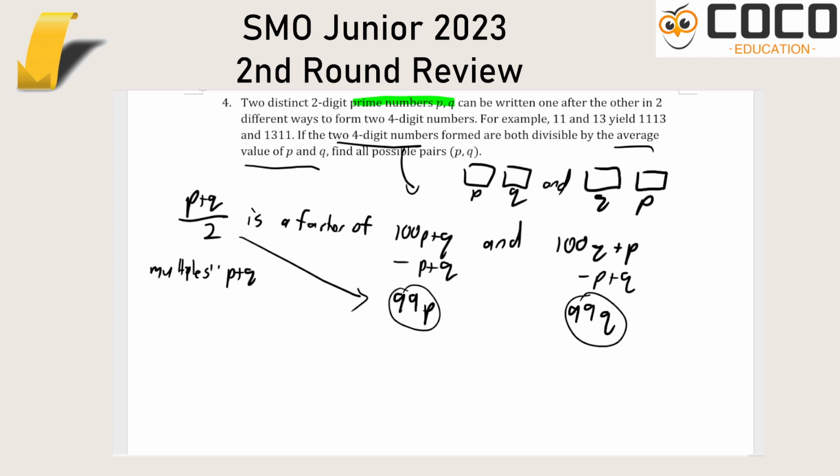Therefore, for convenience, without loss of generality, P is less than Q. Then Q is more than the average, and Q is prime. So (P+Q)/2 and Q must be relatively prime, because Q has no factors other than 1 and itself, so the only common factor could be 1.